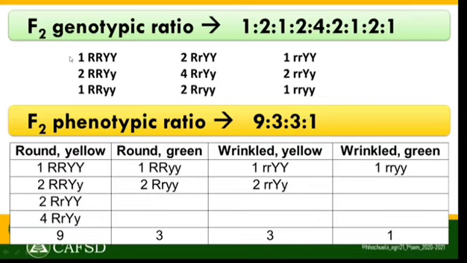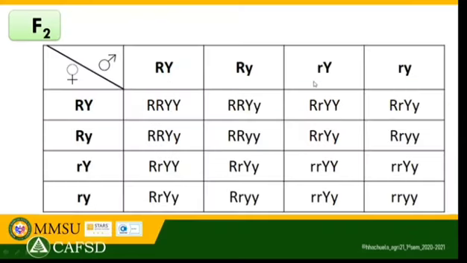Make sure that the total is the same as that of the cells in here. So 1, 2, 3, 4, 5, 6, 7, 8, 9, 10, 11, 12, 13, 14, 15, 16. So there are 16 boxes in here that represent the F2.